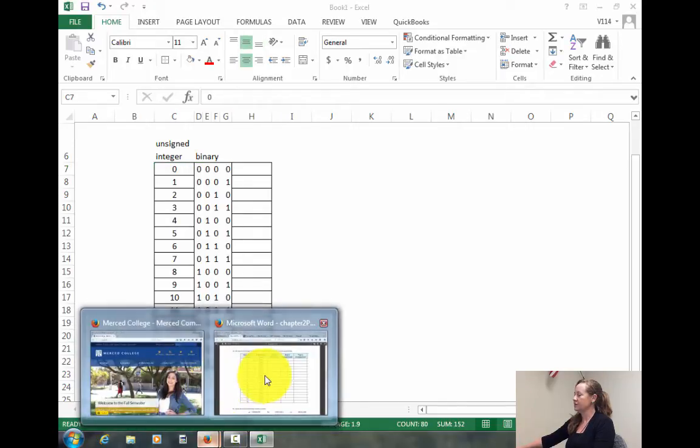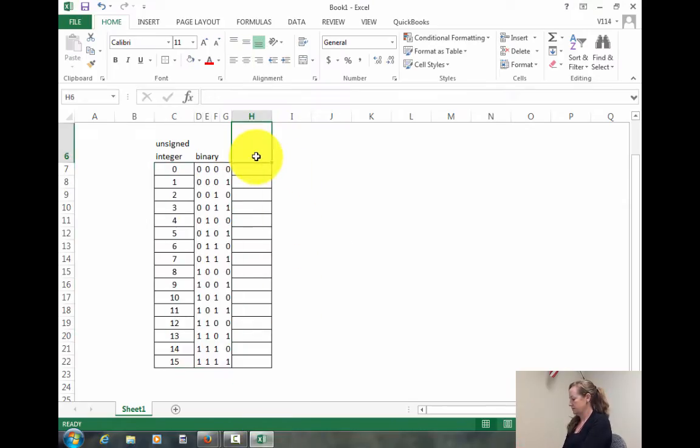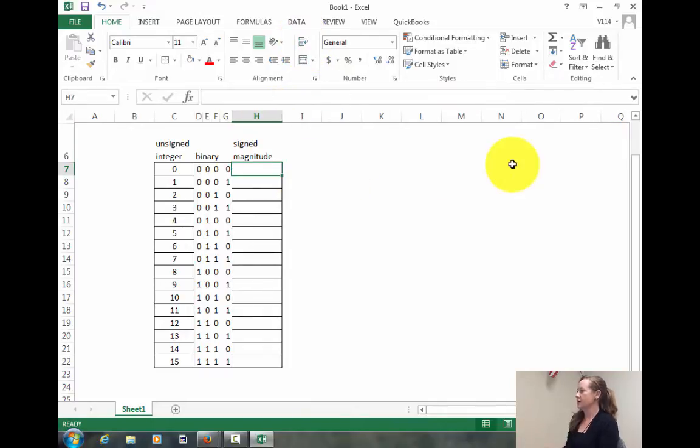And then in this chart, we're going to represent the signed magnitude of these bits. All right. So you guys can help me fill out this chart. What is 0 using signed magnitude? Actually, maybe that's the wrong question. What is this number in signed magnitude? That's the right answer. 0. 0, right.